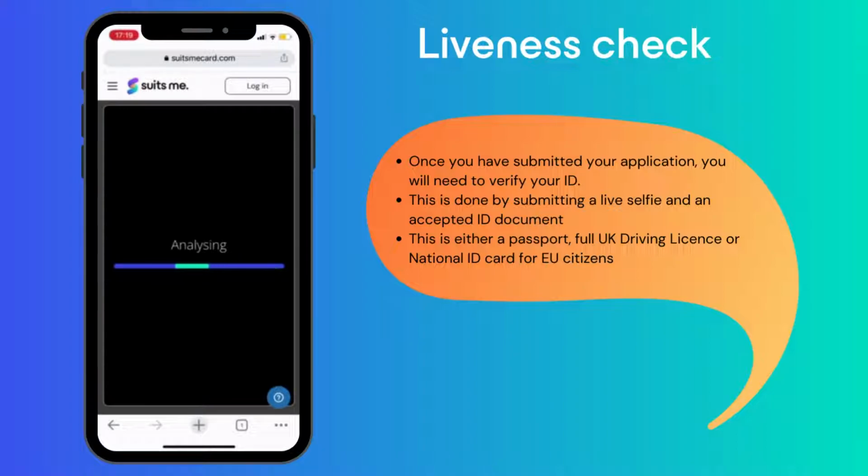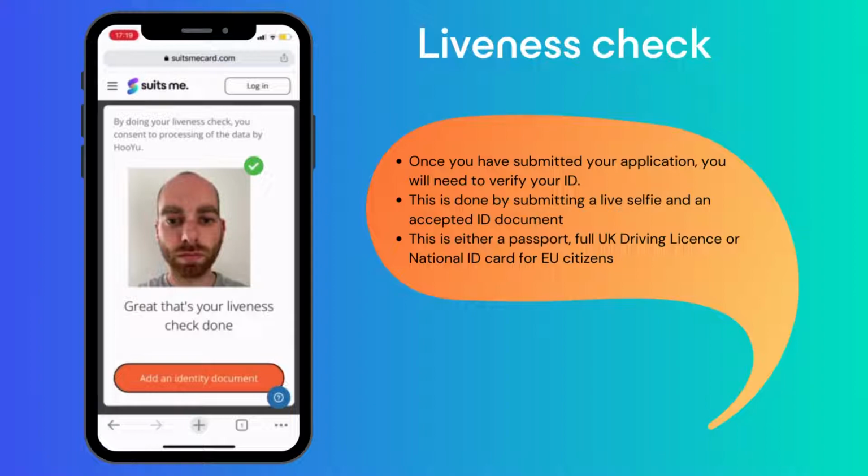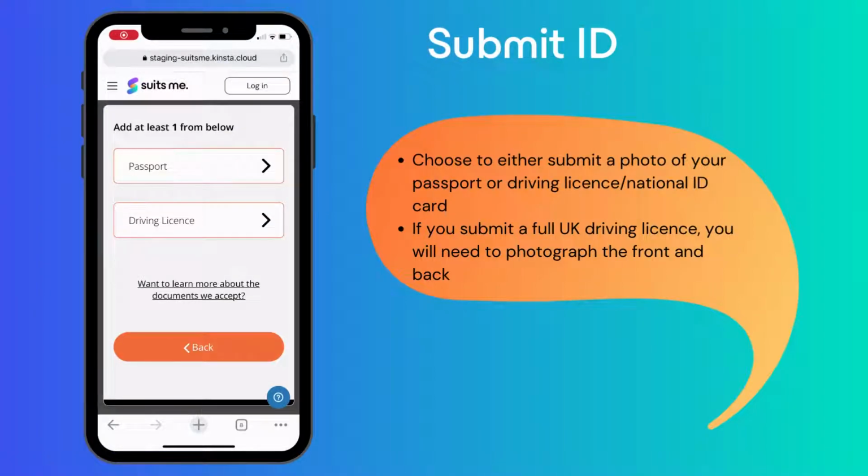It will now take a short moment to analyse the data before moving to the next step. Once this is complete, click Add an ID document. You can choose from either passport or driving licence.